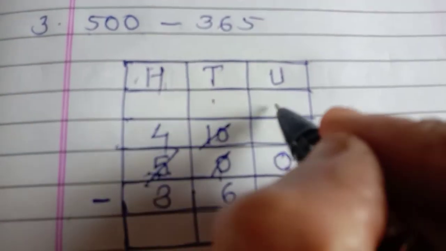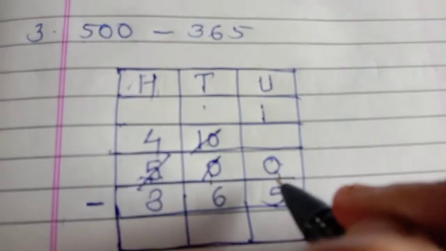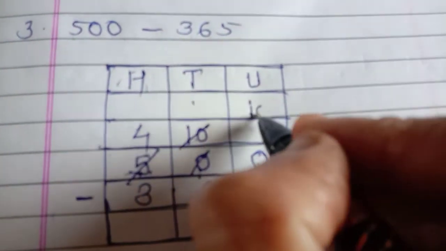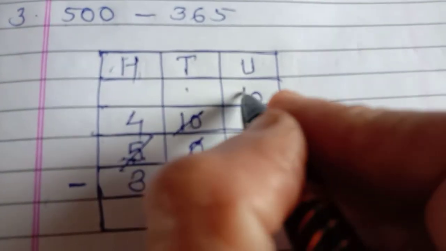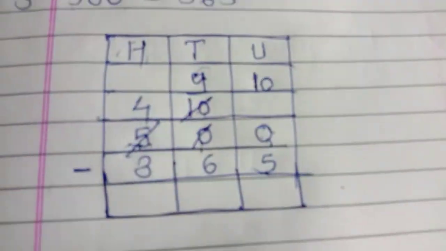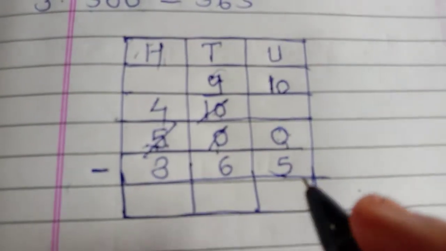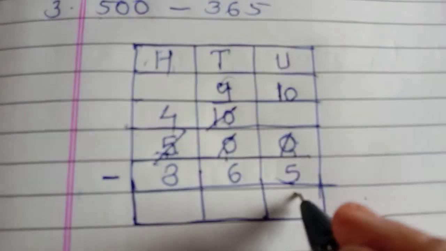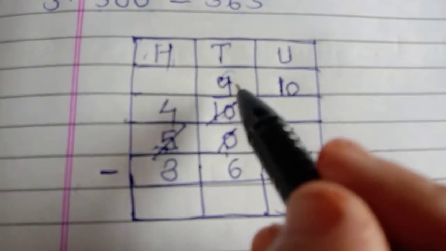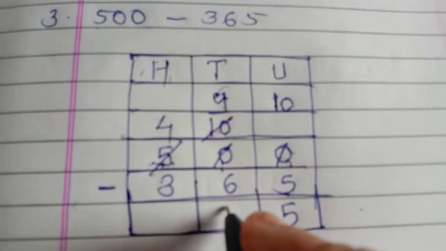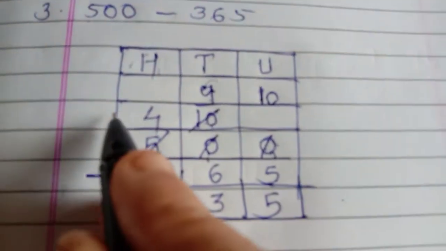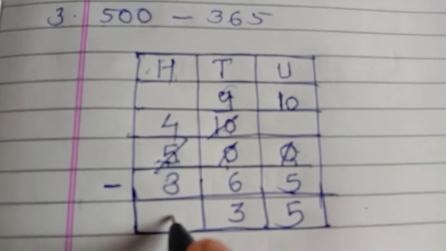You can borrow here 1 ten. So from 10 tens we borrowed 1 here. That means here is 9. Clear? 10 minus 5, that is 5. And 9 minus 6, that is 3. And 4 minus 3, that is 1.